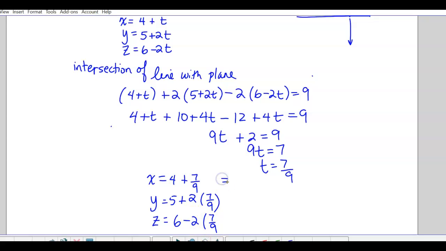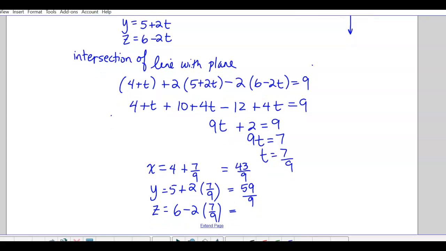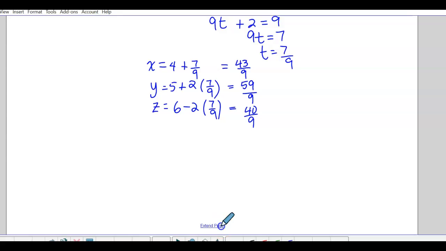Okay, common denominator: 36 plus 7 is 43/9. 45 plus 14 is 59/9. And 54 minus 14 is 40/9.